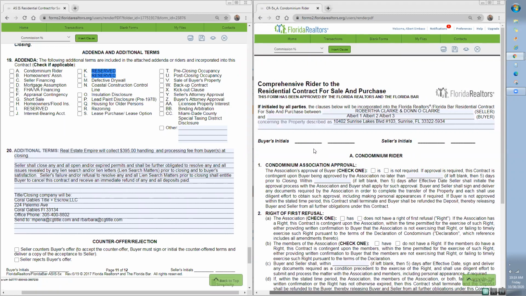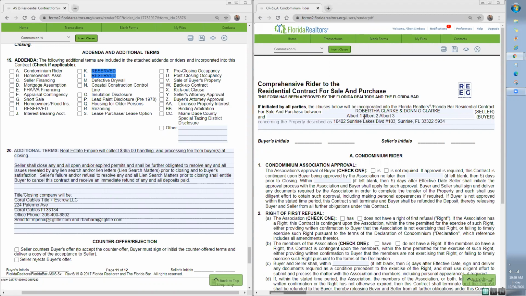You're going to use this rider whenever you are purchasing a condo or within a condo association. You'll know if it's a condo because in the actual legal description it will say the word condo. Even if it's an apartment, most of the time it'll say condo on it, and they'll be in a condominium association.